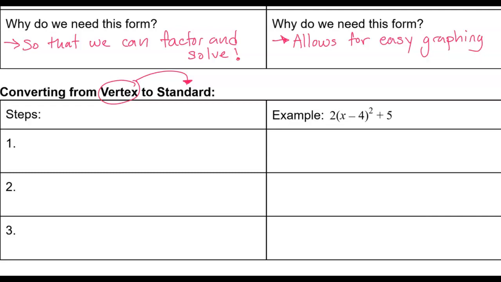Remember, when we're simplifying, we're following PEMDAS. Distribute is multiplication. What comes first, multiplication or exponents in PEMDAS? Exponents. We have to deal with the exponent first. So step number 1 is to square the binomial.